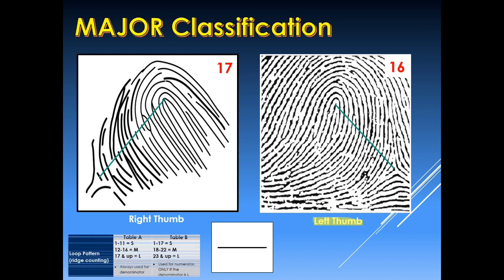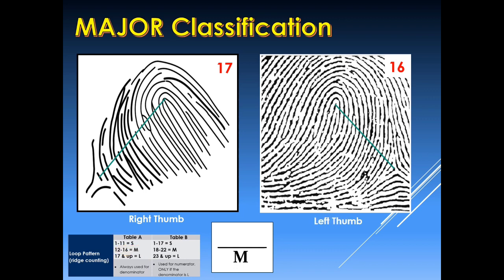Now, we need to use the table, and for this example, we are going to use table A. So, since we are going to use table A, we have here 16, and 16 is capital letter M.